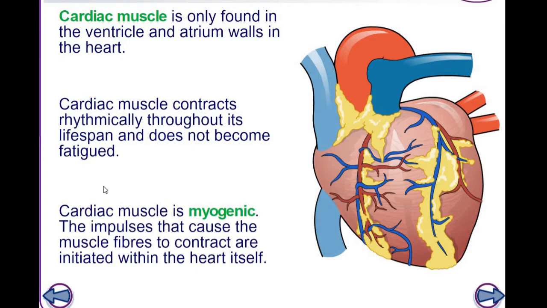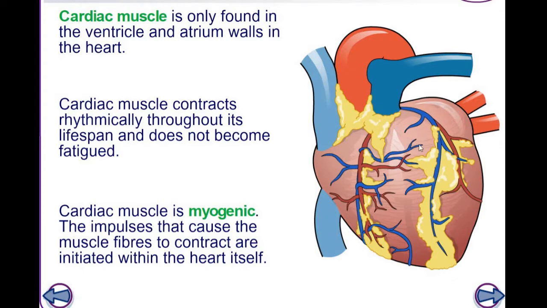Then that takes us on to cardiac muscle. So heart muscle, it's the only place we have it. We'll look at the structure of it a little bit shortly, but the key first point to note about cardiac muscle is it's myogenic. So that means it contracts on its own without help from the nervous system. Now we have control of the heart. It doesn't control itself completely.